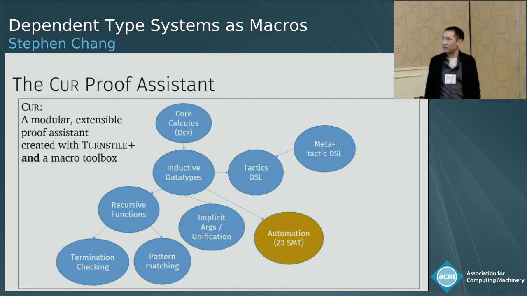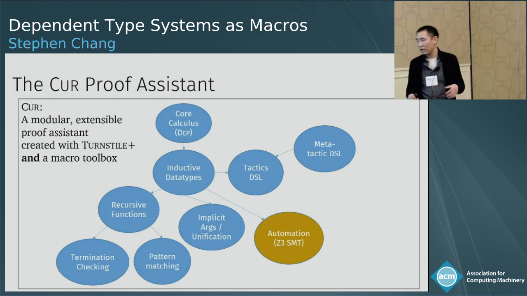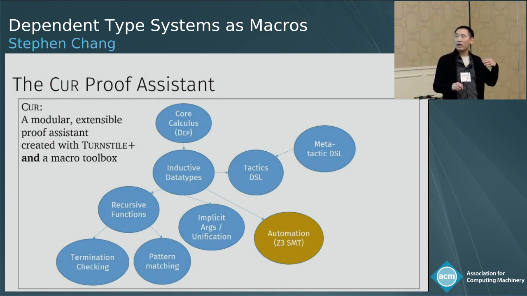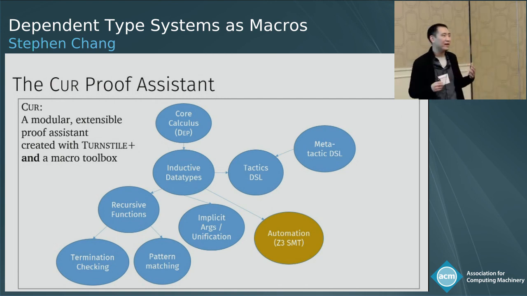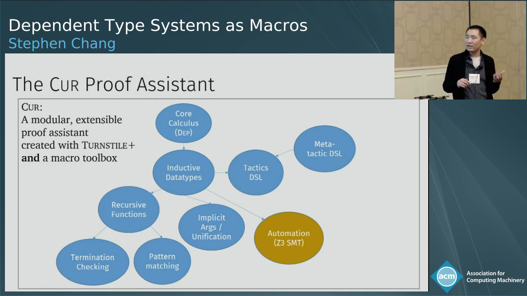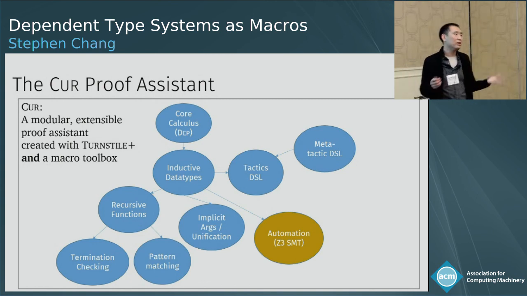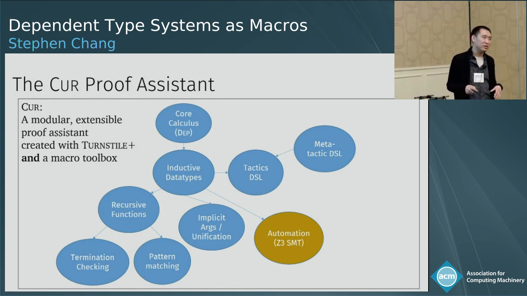We also added a little bit of automation by calling out to a solver, and what this library does is it provides a new construct for defining axioms, and this construct first calls out to the solver and only defines the axiom if the solver is able to verify the proposition.